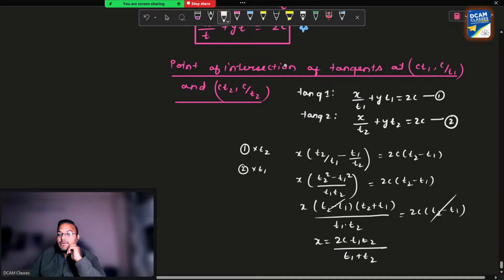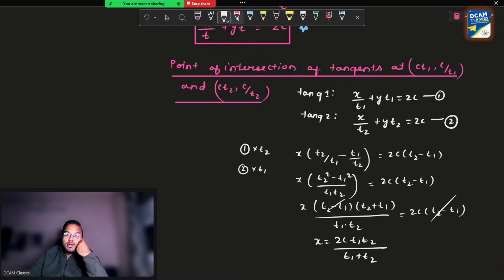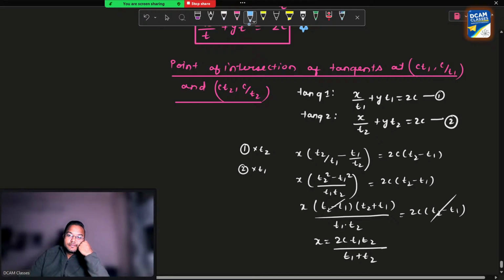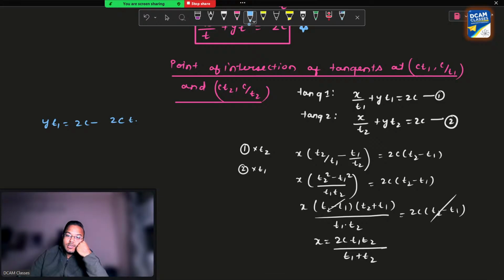This is the point of intersection of two tangents. And if you want to get y, substitute in any equation. yt1 is equal to 2c minus x by t1, that is 2c t2 by t1 plus t2. It becomes 2c t1 by t1 plus t2.